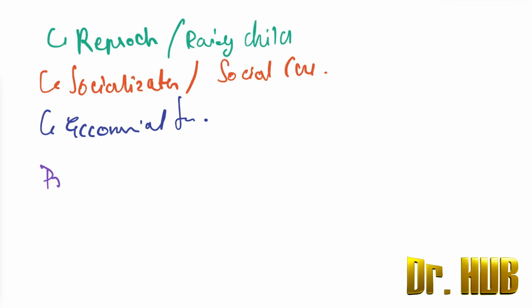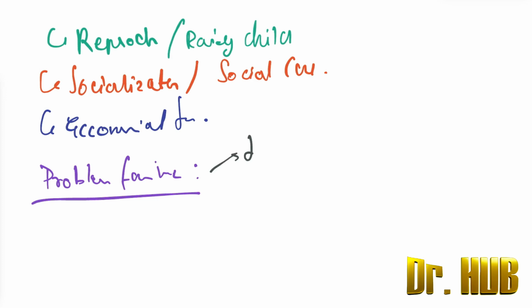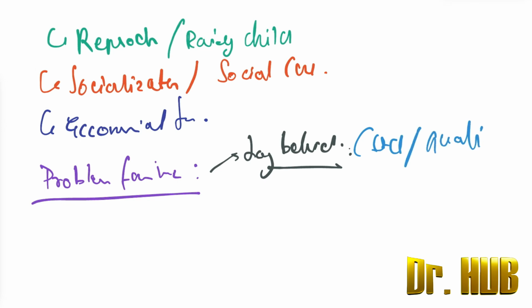Now, there are problem families. What is meant by problem families? Problem families are those which lag behind the rest of the community in terms of the standard and quality of life of the members. Then there is the concept of the broken family.